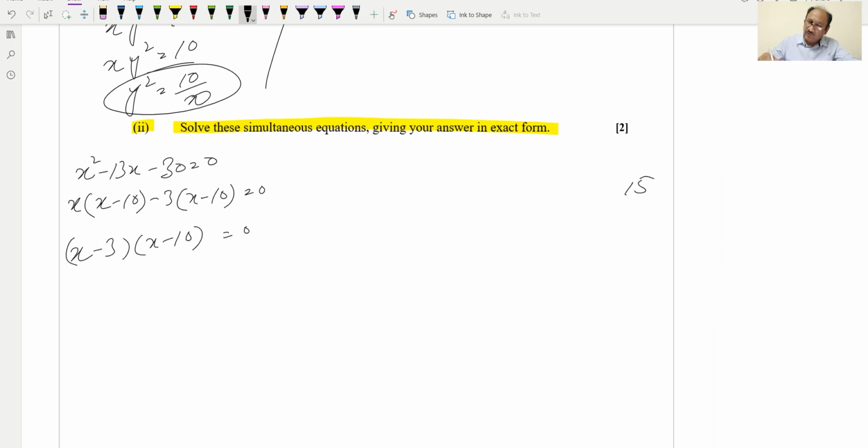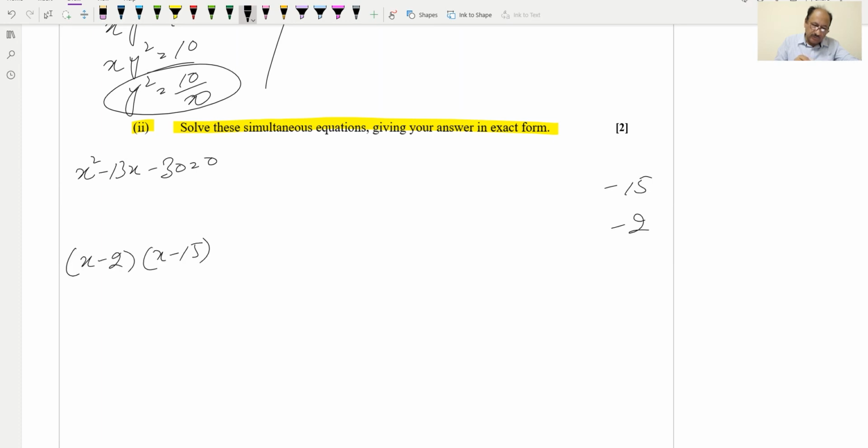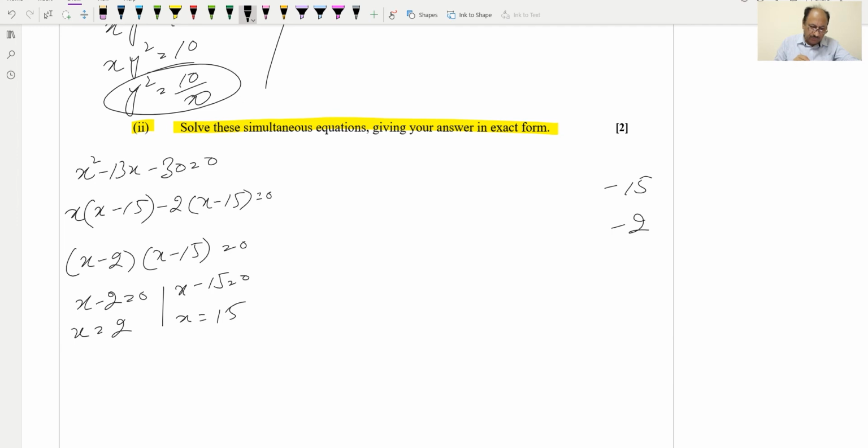So 15 and 2 change sign and use, so I will rewrite this step again, so it will be x minus 2 and x minus 15 is equal to 0. So intermediate step x minus 2 into x minus 15 is equal to 0. So x minus 2 is equal to 0 or x minus 15 is equal to 0. This implies x is equal to 2 and x is equal to 15. These are the two values which we got.